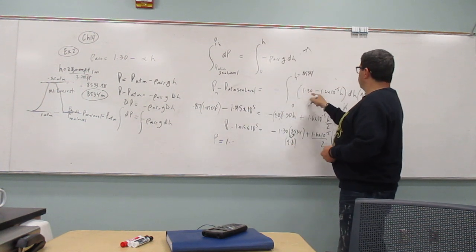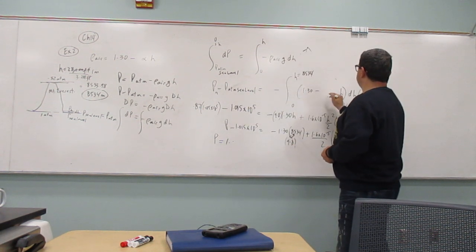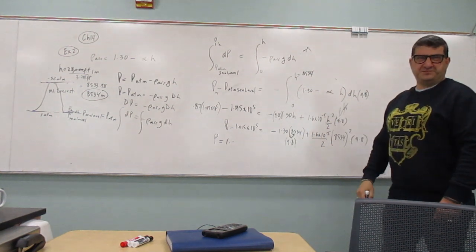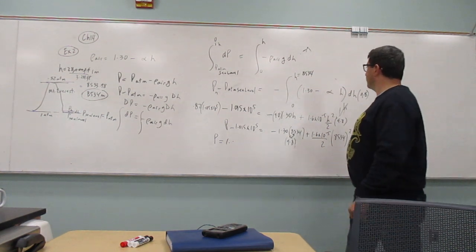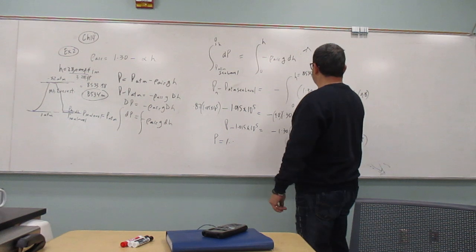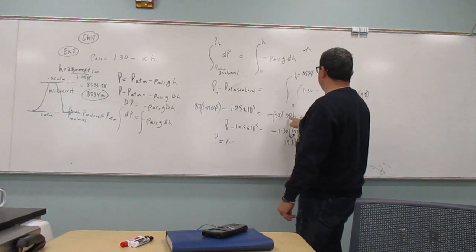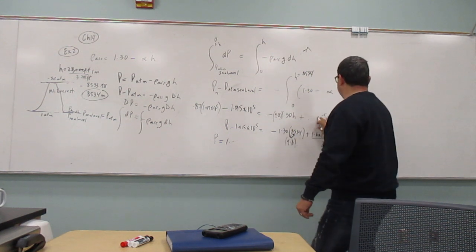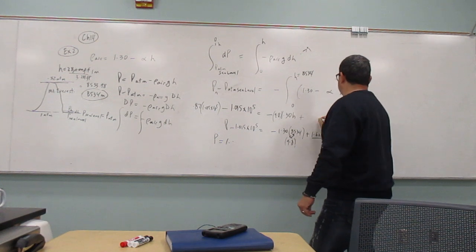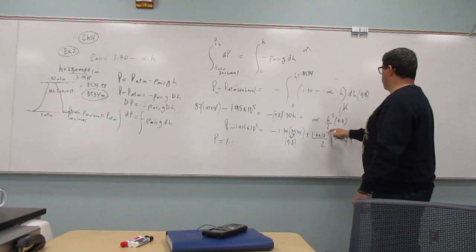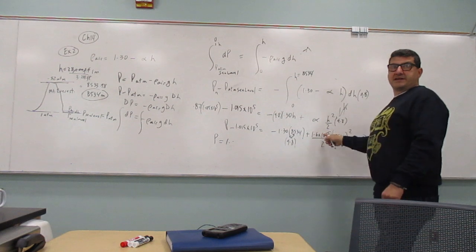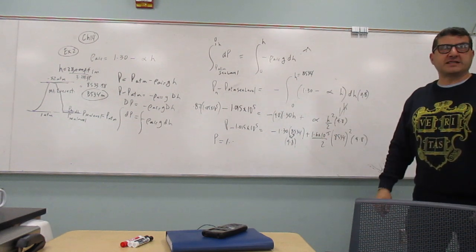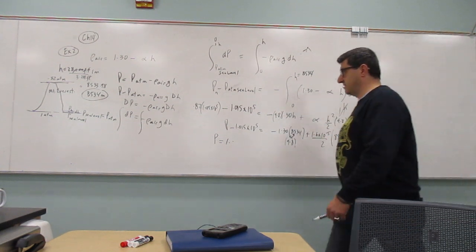Now, this is going to be alpha, right? And now I can say negative 1.30 h 9.8 plus alpha h squared over 2 9.8. So find the alpha that's required in order to make that work out. You see?